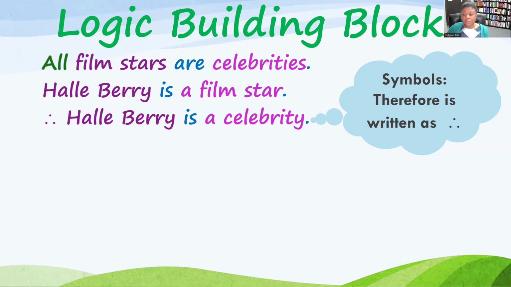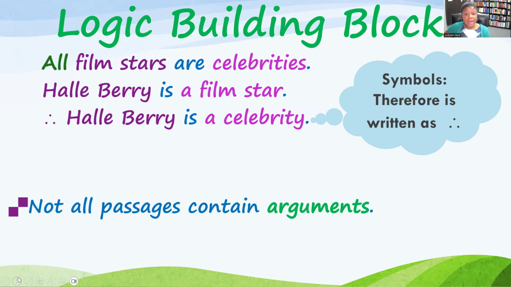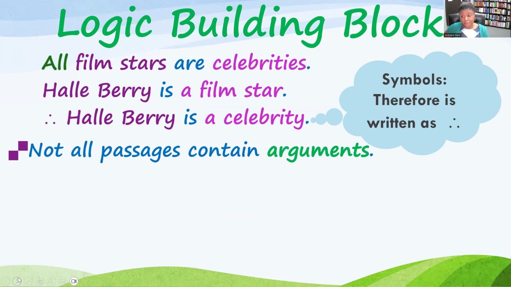I tried to make it easy for you to incorporate symbols into your homework by putting up a Word document that has all the symbols there. All you need to do is copy and paste those symbols into your homework assignments. So Halle Berry is a celebrity is the conclusion that you should accept.